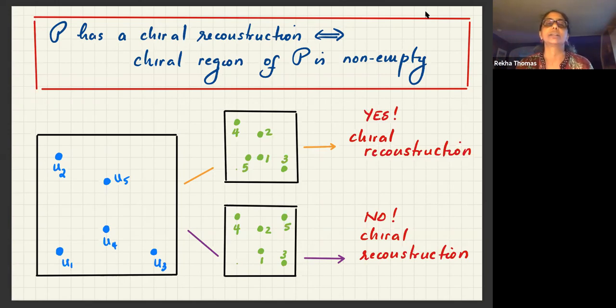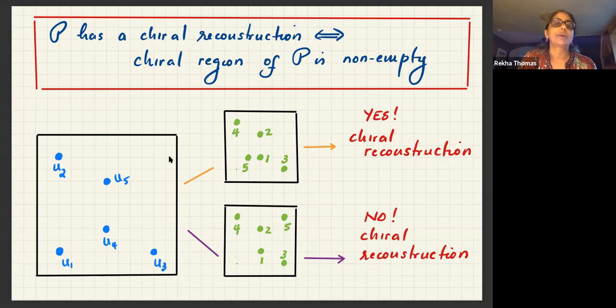That set has to be non-empty. And if that's the case, there's a chiral reconstruction, and it has a lot of pieces to it, like real, rank 2, it has to be regular, it has to satisfy these inequalities and so on. So it looks pretty complicated, but that's the fact of life. Okay, so there's a chiral reconstruction if and only if this region is non-empty. So let me show you 2 examples, and these examples will show up again.